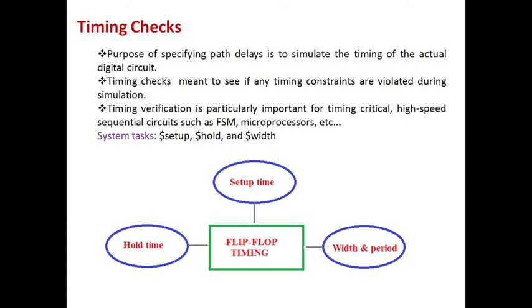And the next one is timing checks. So what are the timing checks in our Verilog language? What is the purpose of it? The main intention for specifying the path delay is just to simulate the timing of the actual digital circuit.